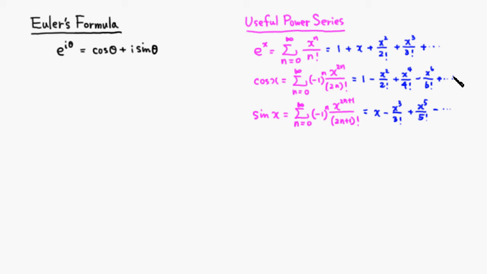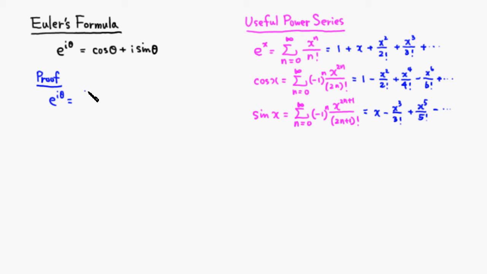So let's prove Euler's formula. Here's the proof. Let's start with e to the i theta. Since we know that e to the x can be written as this power series, we can just replace x by i theta.